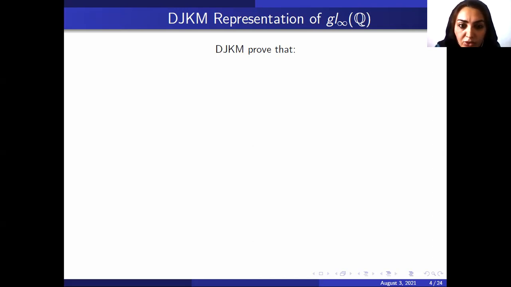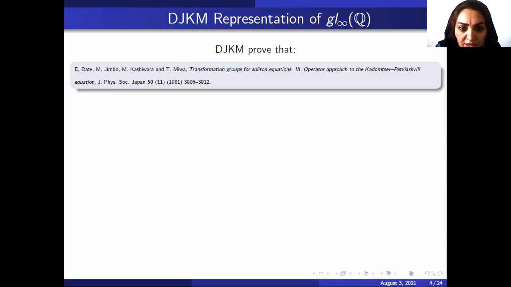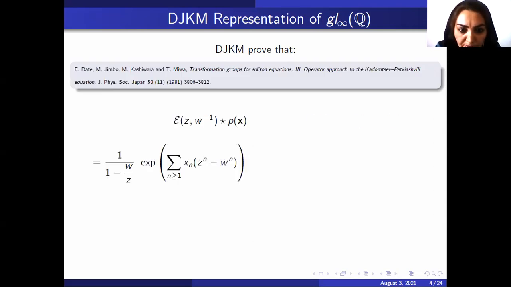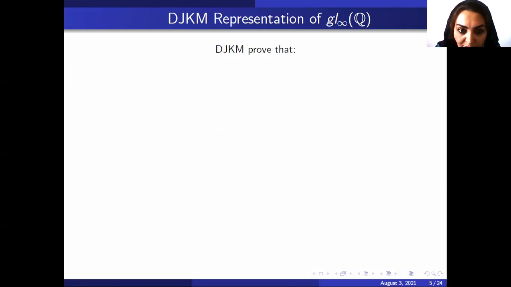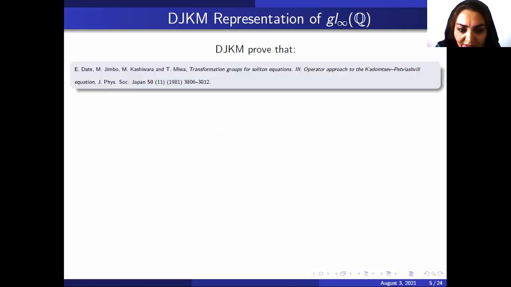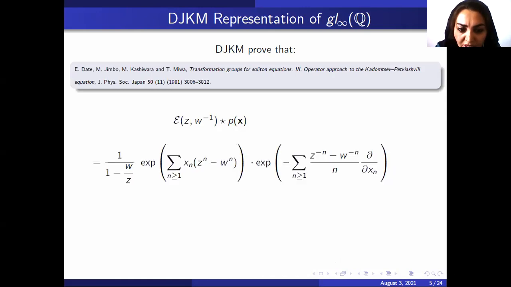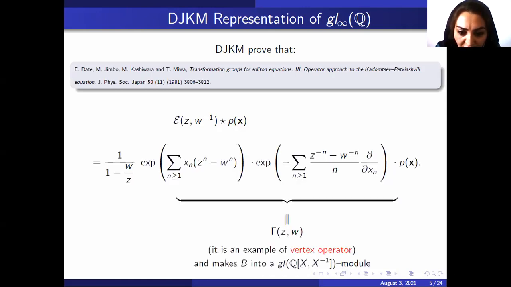So we have the Kronecker delta. Yes, there is a repetition and there is a mistake here.